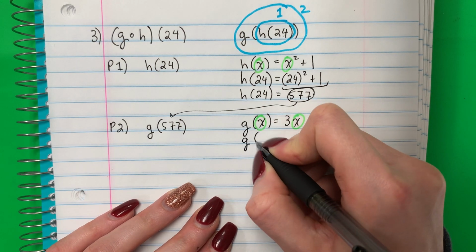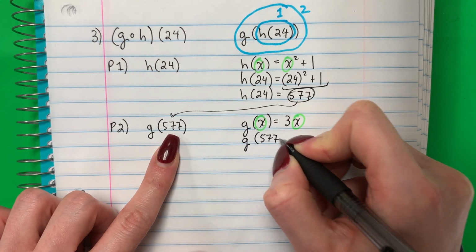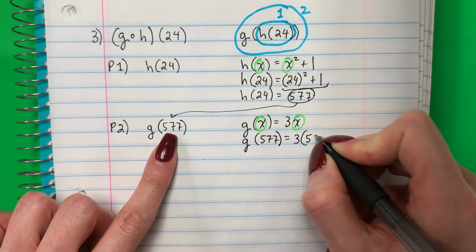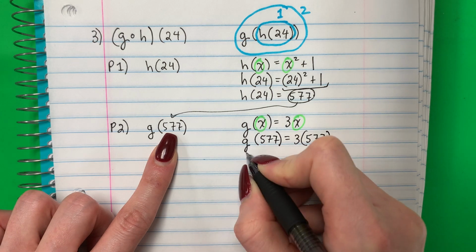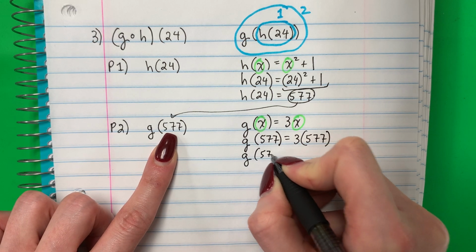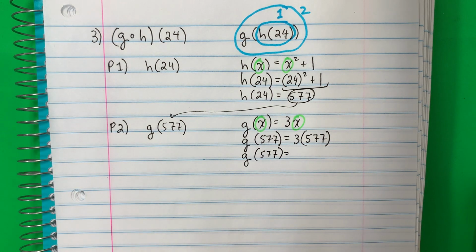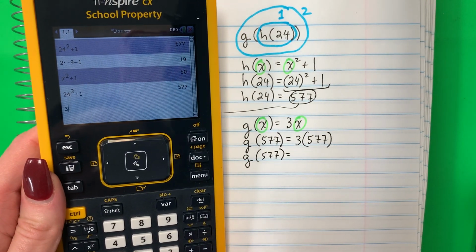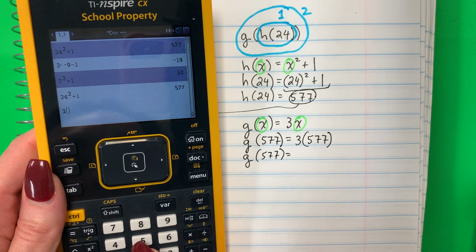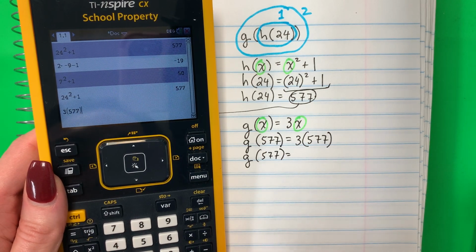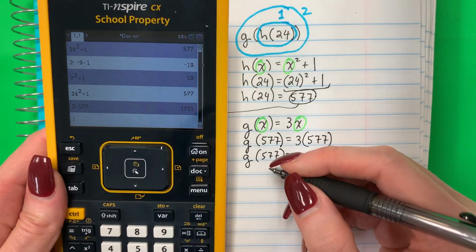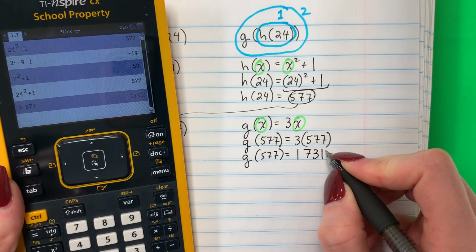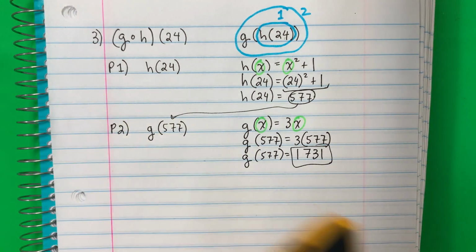So G of 577 equals 3 times 577. Copy G of 577 equals, let's put that in the calculator. What is 3 times 577? It's 1,731. So this is the final answer right over here.